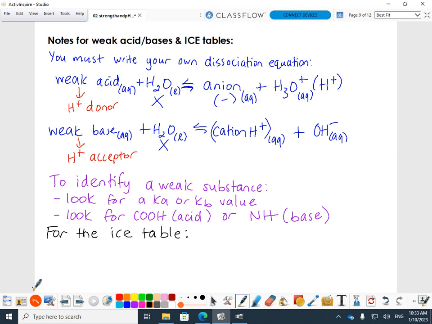And you know what? Sometimes it even says propanoic acid is a weak acid. But I can't guarantee the homework questions. The textbook questions are like that.